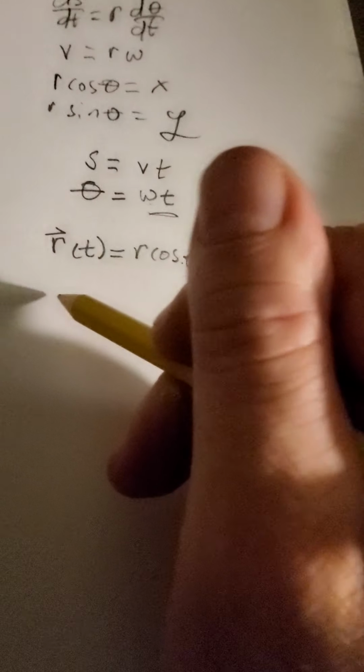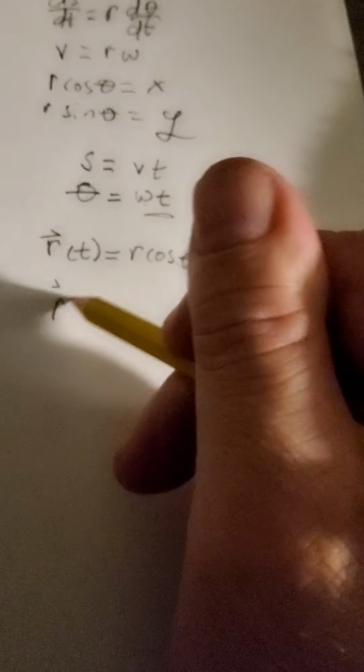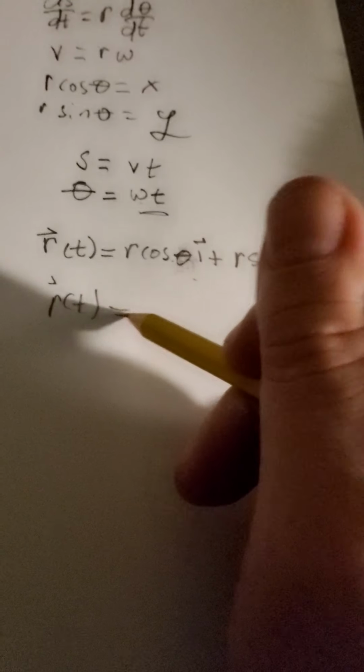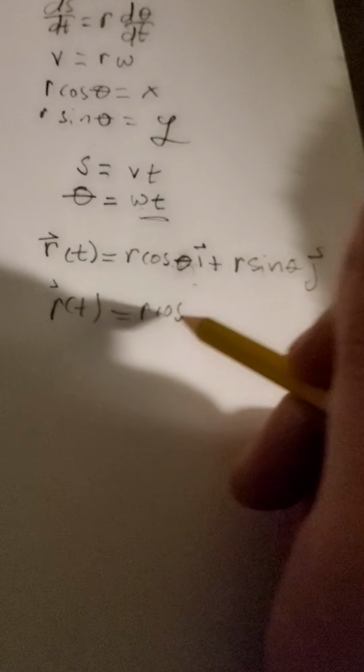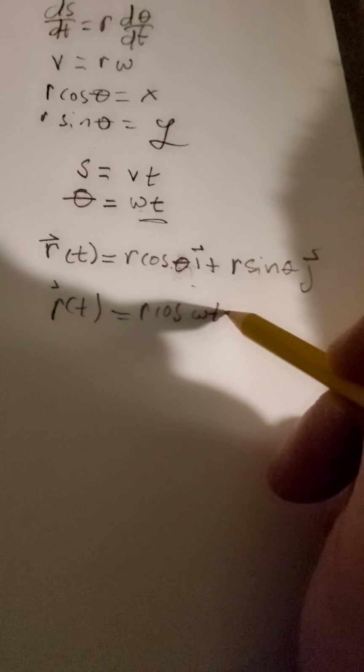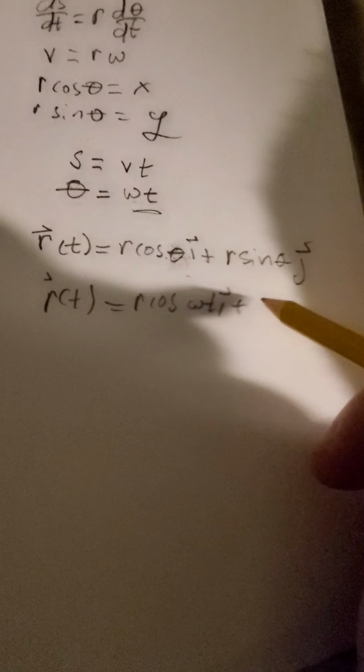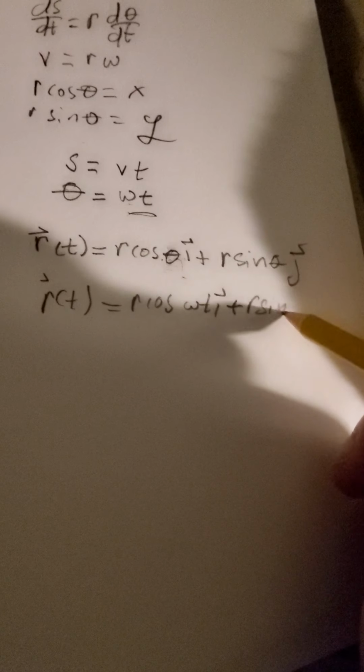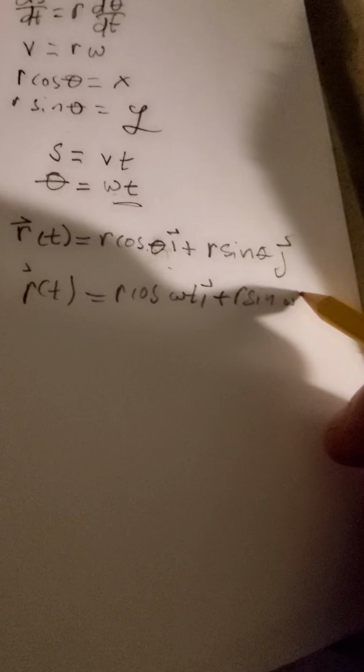That's simple. It's not all that hard. So now I'm going to replace this theta with omega t. So I'm going to have r of t equals r cosine omega t i plus r sine omega t j.